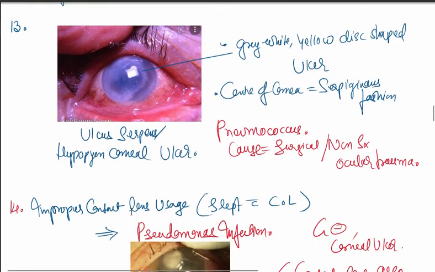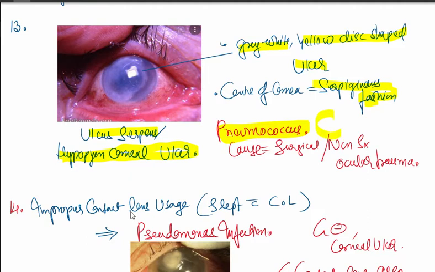Next one, what we see here is a serpiginous ulcer. Serpiginous ulcer at the center of cornea. This is a gray, white, yellow disc-shaped ulcer. So serpiginous ulcer with a hypopyon corneal ulcer, that is pneumococcus.